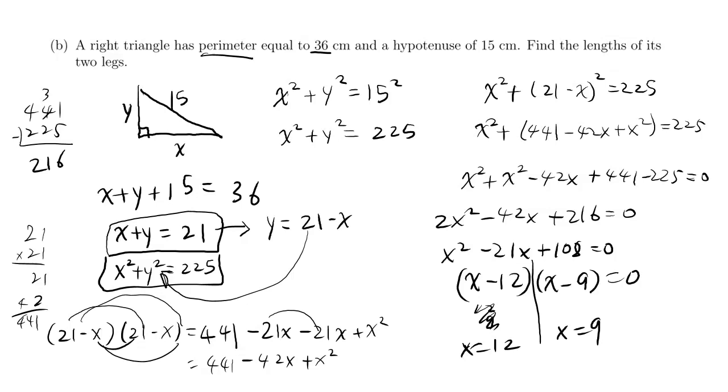So if you get the y value by doing 21 minus x, you're going to see that y is 21 minus 12 gives you 9. Here, if you do 21 minus 9 gives you 12. So the two legs are 9 and 12. The answer to this, I'll write the answer here, is 9 centimeters and 12 centimeters.